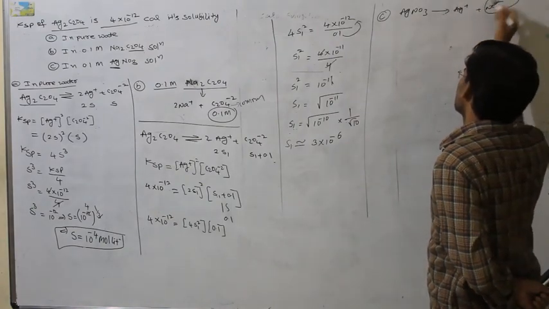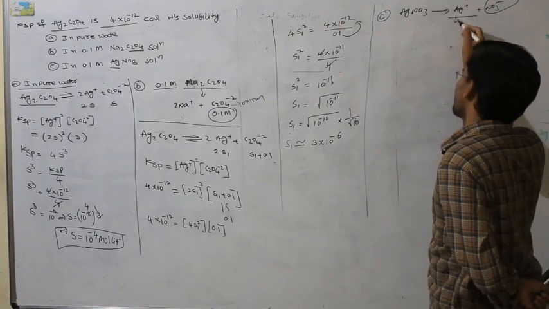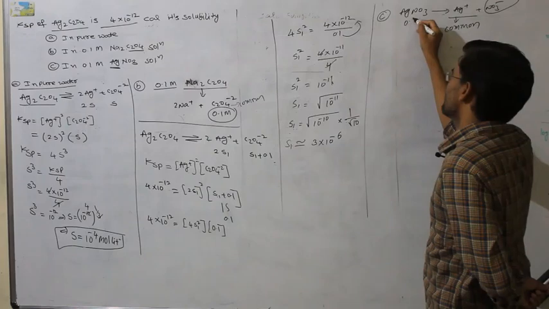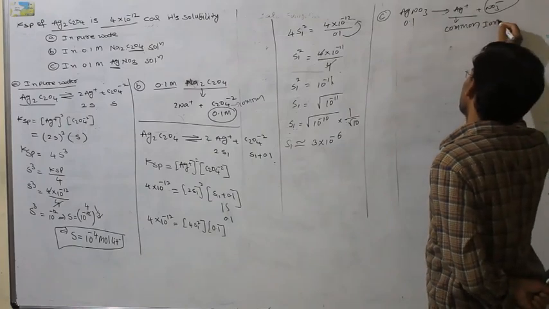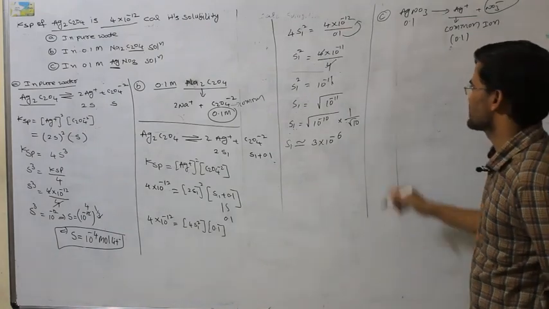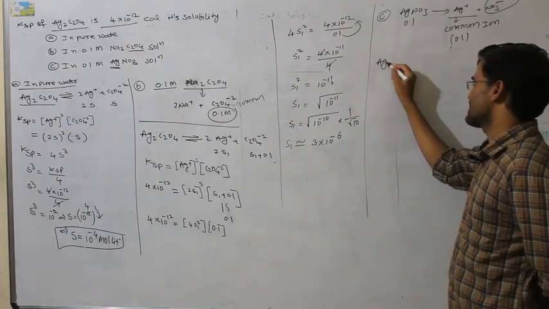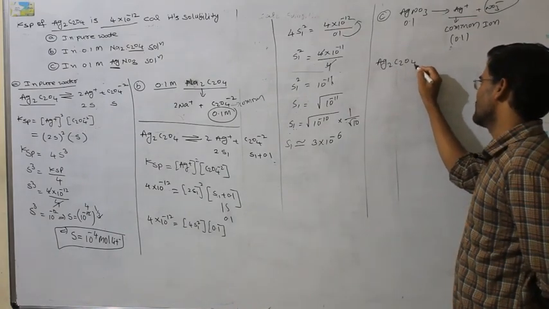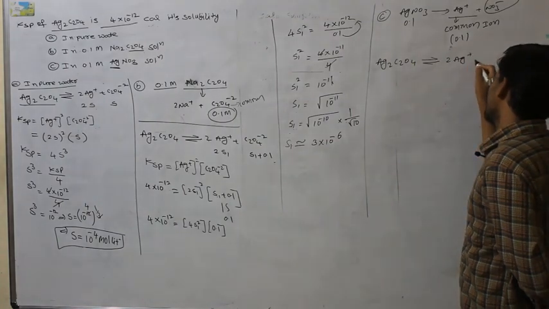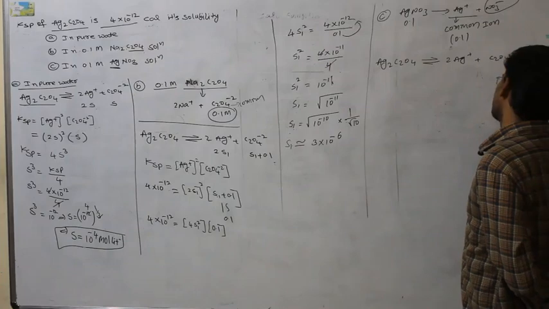About NO3 minus we do not need it, because only the common ion matters for us. So the common ion released into the solution is 0.1 molar. So already the solution has silver oxalate, Ag2C2O4, which gives 2Ag plus and C2O4 minus 2.